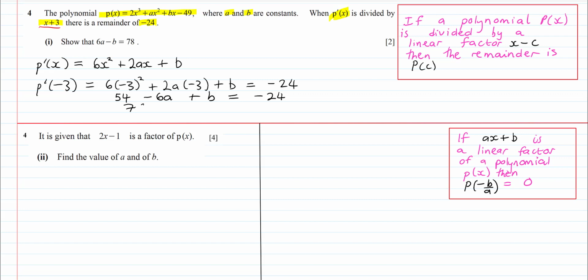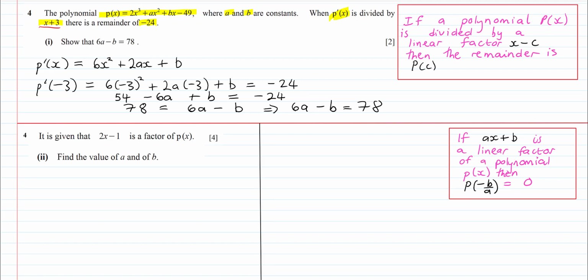Then we get 78 is equal to 6a minus b. So that's actually our answer. I'll write it out the same way they've got it in the question: 6a minus b is equal to 78. So we have shown what we needed to show for question 4a part 1.